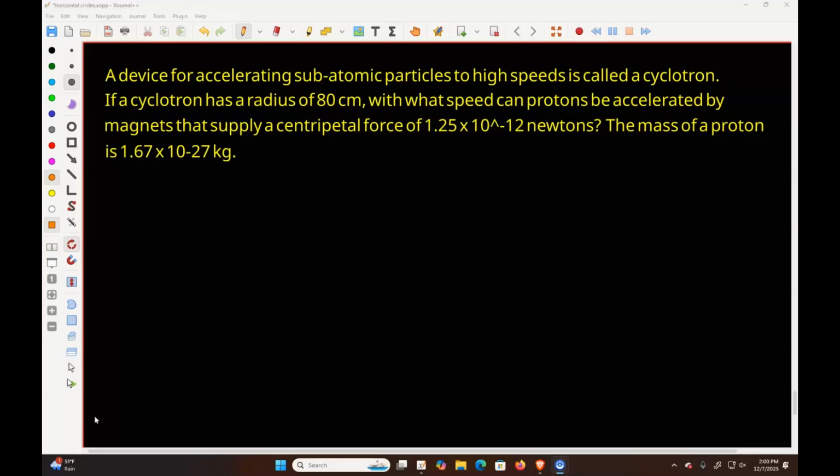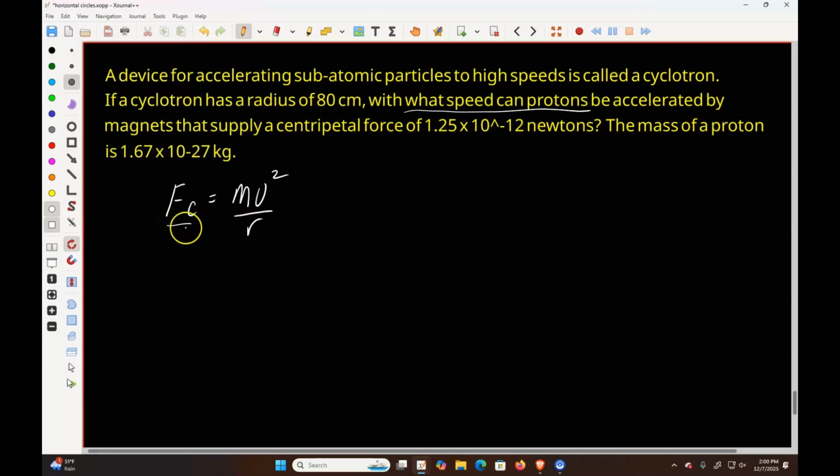Okay, so we're looking for speed. So we've got to keep that in mind. All right, we're given centripetal force. So we have the formula: centripetal force is equal to mass times velocity squared divided by the radius.